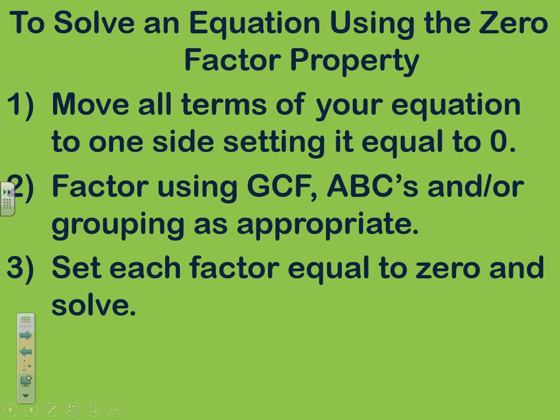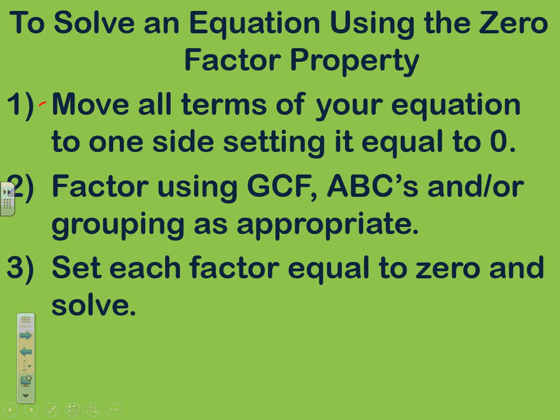We absolutely need to make sure for these that it is in standard form. We have to make sure everything is on one side of the equal sign and the other, and it's set equal to 0. Okay, we will factor using greatest common factors. We'll factor here where it says ABCs.